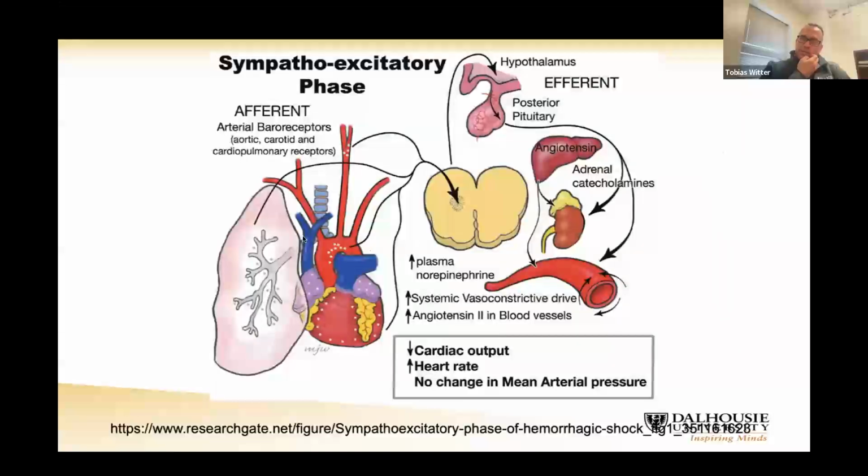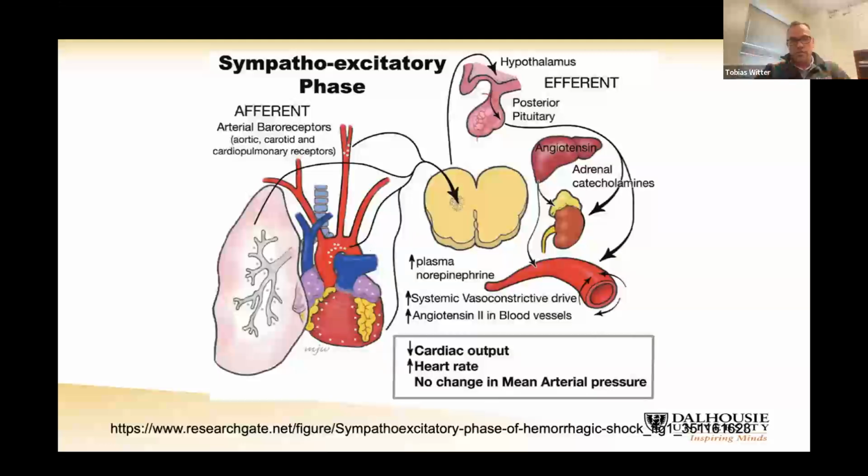In early phases of these traumas, or in many shock phases, we have what's called a sympathetic excitatory phase, driven by release of catecholamines from the adrenal gland, stimulated by the pituitary gland. And they pretty much keep us alive during these periods because they generate the compensatory mechanisms that we need to perfuse our vital organs in those settings.